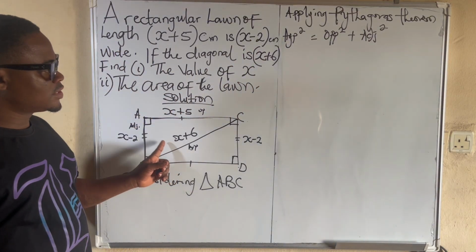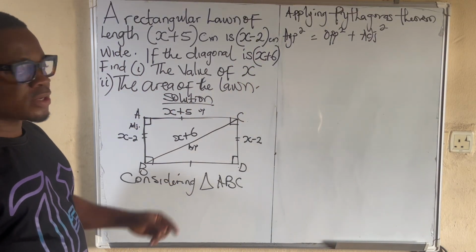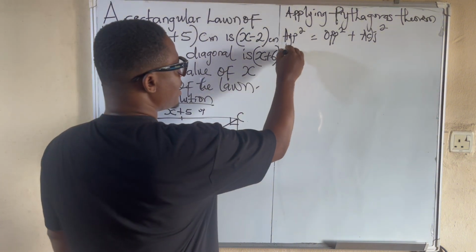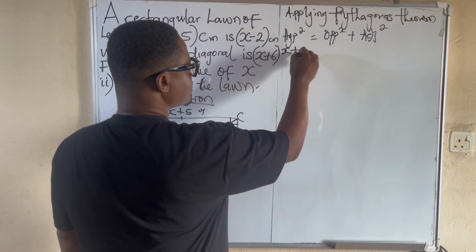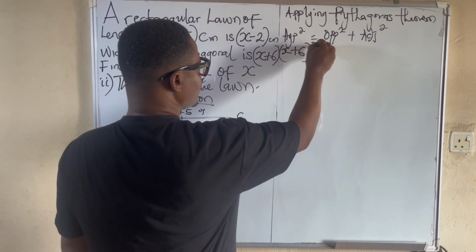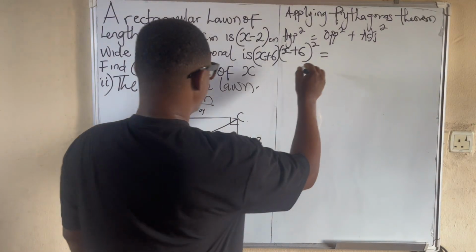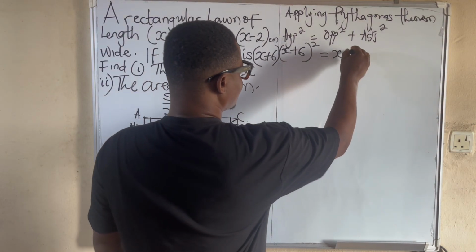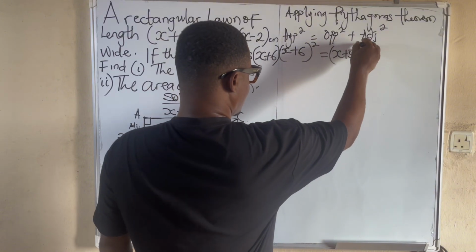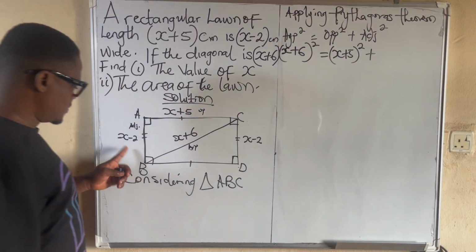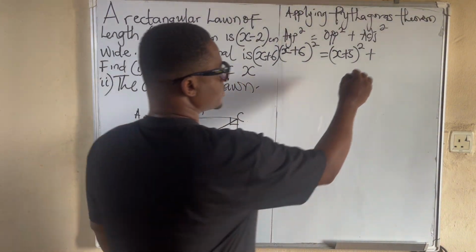And from this shape, the hypotenuse is x plus 6. So we have x plus 6 squared equals, let's call this side the adjacent, x plus 5 squared plus the adjacent x minus 2.